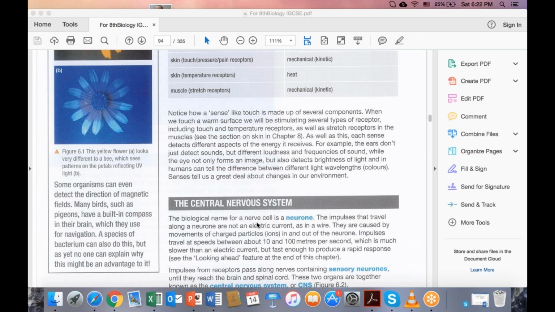They carry a nerve impulse like a wire carries electricity, as you know. We have three types of neurons. One of these is sensory neurons.